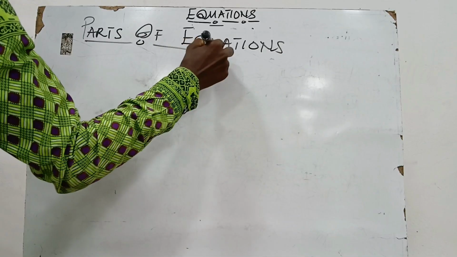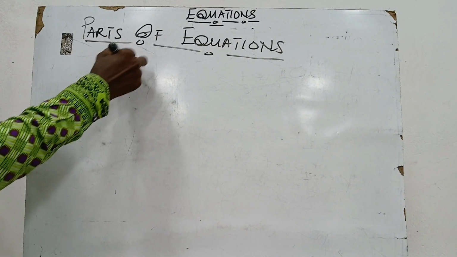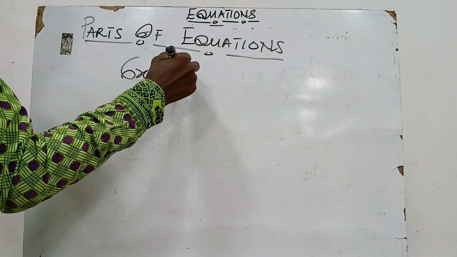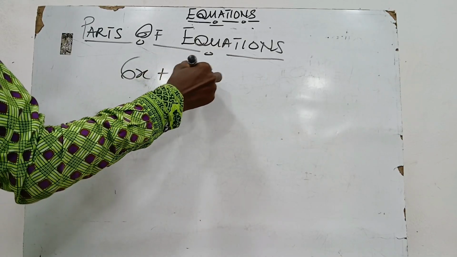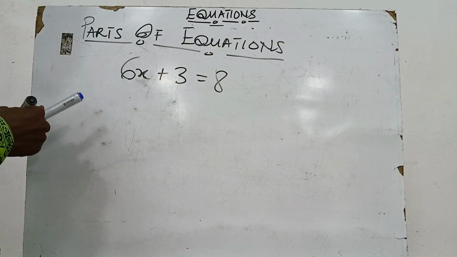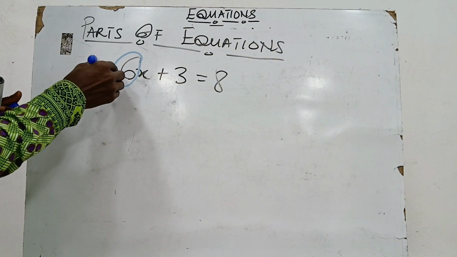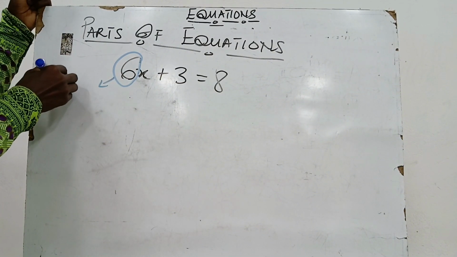Let's say we have 6x plus 3 is equal to 8. We call this 6 here the coefficient.